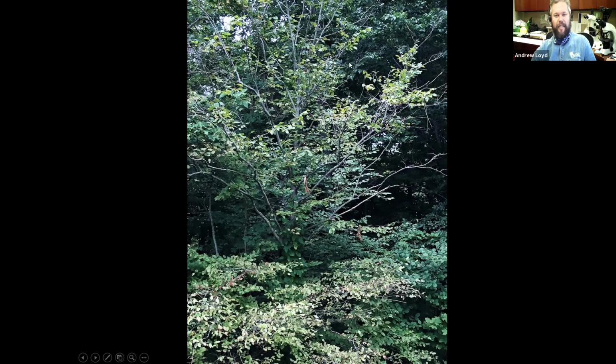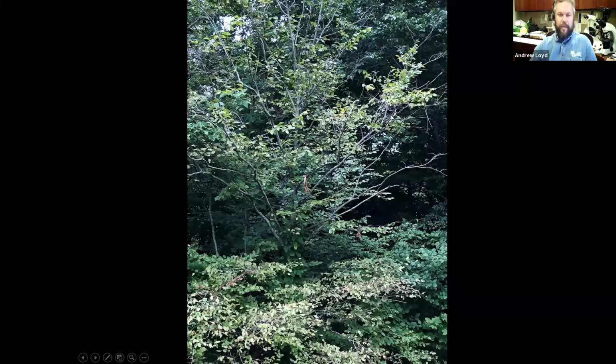It's this decline that occurs once you start to see the symptoms, the original banding pattern, to the crinkled leaves, to eventually this. And at this point, you're dealing with other stressors as well: bark beetles, ambrosia beetles, canker, secondary canker pathogens like Hypoxylon and things like that. And eventually the tree gives up and dies.